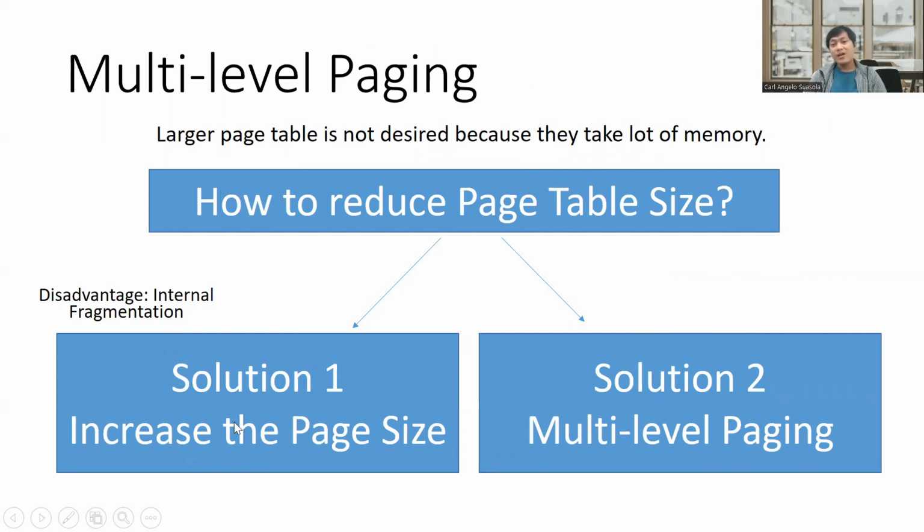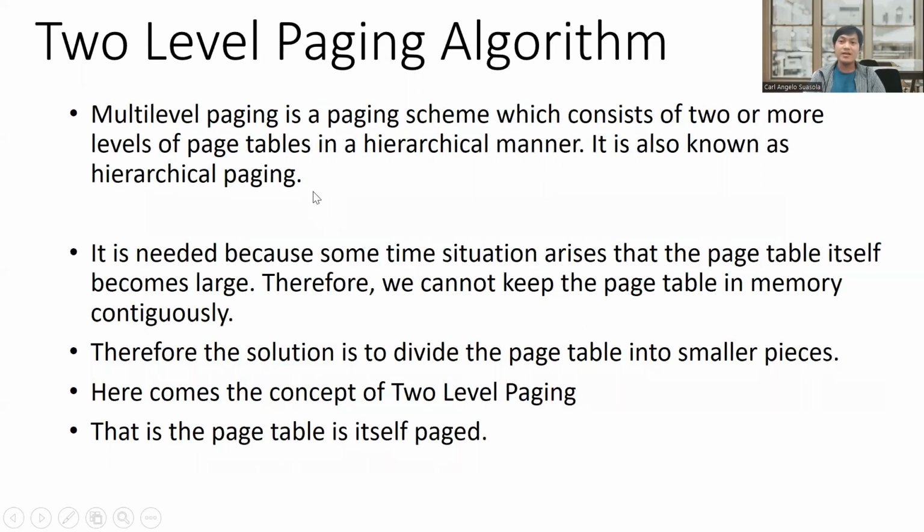So we can use multi-level paging. It is a paging scheme which consists of two or more levels of pages in a hierarchical manner, also known as hierarchical paging. It is needed because sometimes the page table itself becomes large, so we cannot keep the page table in memory contiguously.